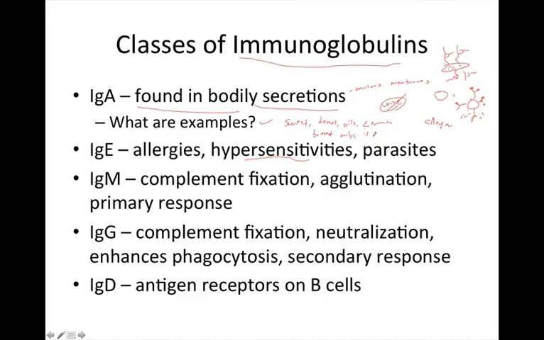So basically, when a baby's first born, its digestive system isn't fully developed yet, and it's very porous. This is one of the few proteins that's actually found in breast milk. Remember, breast milk is predominantly water and fat, and one of the main proteins in there is the antibody IgA.